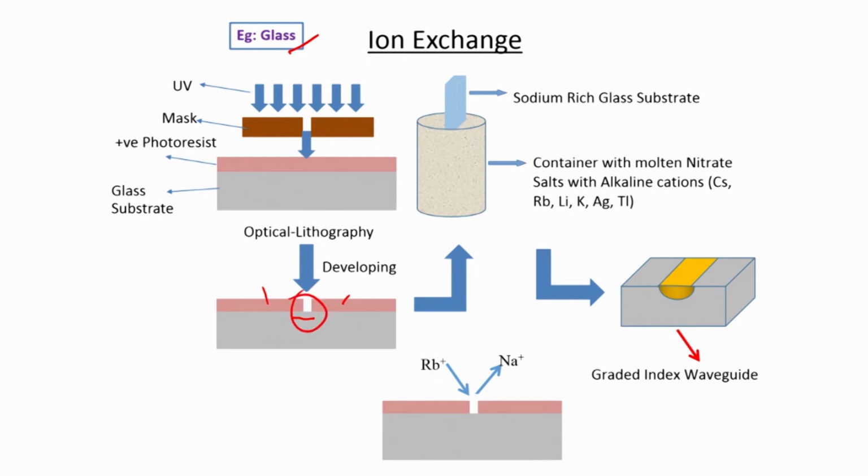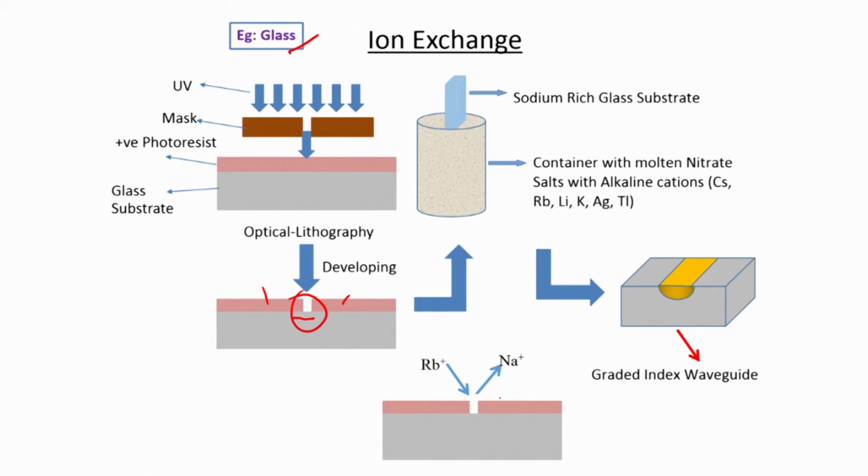So, then you have a bath of diffusant and you melt it if necessary. In this particular case you have a nitrate melt, for example silver nitrate in a container, you melt it to a certain temperature as required, and then you dip this entire wafer into that.